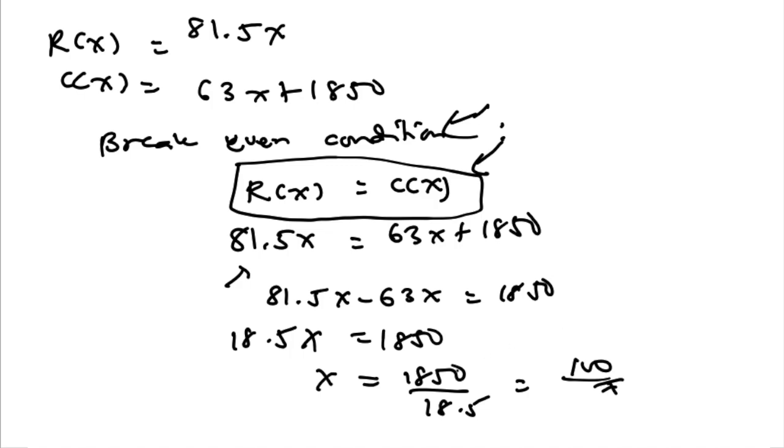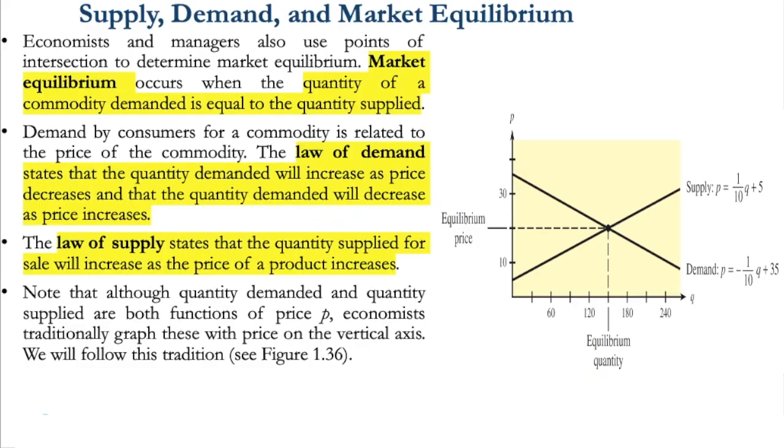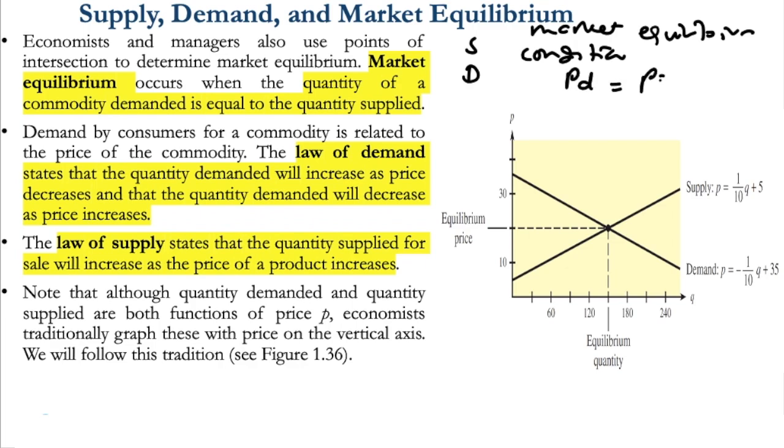Okay, now we move to the third application of linear equation, the system of linear equations, where we have supply, demand, and market equilibrium. So we know that in the market we can have supply, we can have demand. The market equilibrium condition that you have learned earlier before you enter this class is that price of demand must equal price of supply, or you can begin with quantity demanded equals quantity supplied.